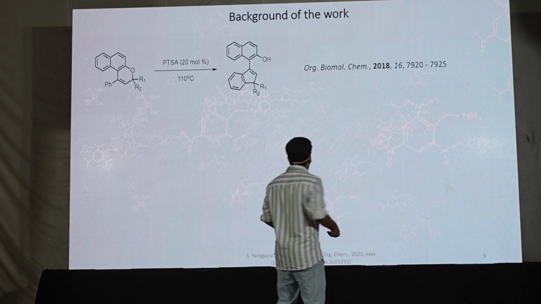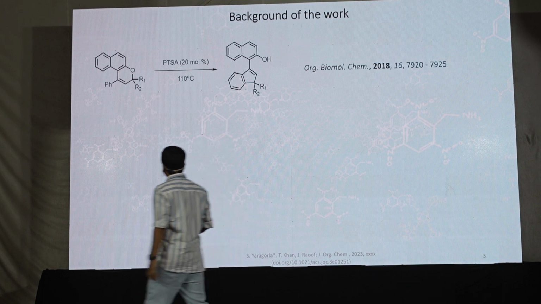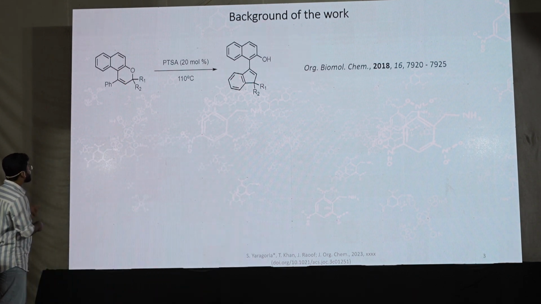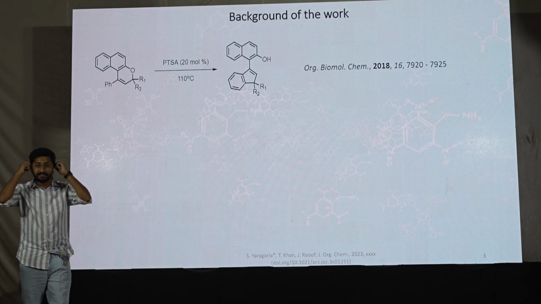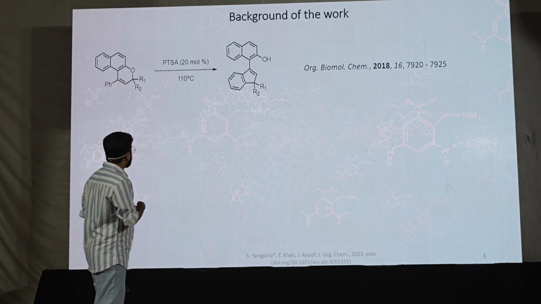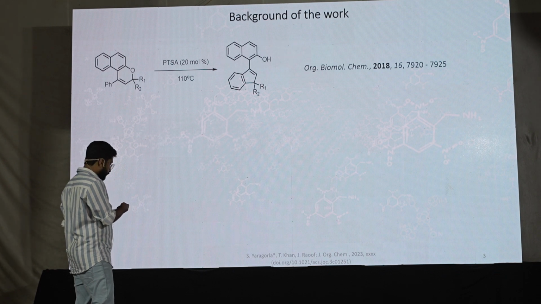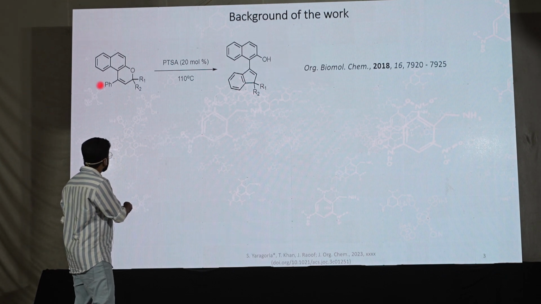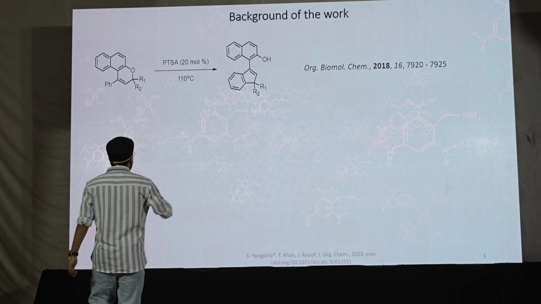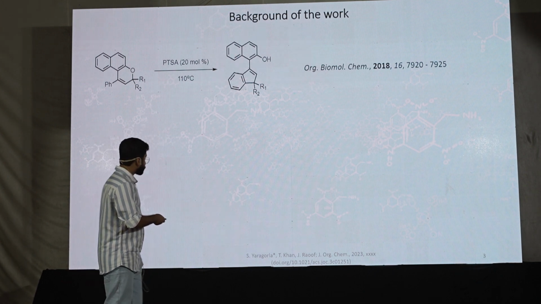Our research group had previously reported a highly unusual thermal ring rearrangement of benzochromenes, which under PTC catalysis at elevated temperatures underwent a ring rearrangement to give their corresponding ethanol derivative. This work was published in OBC in 2018.